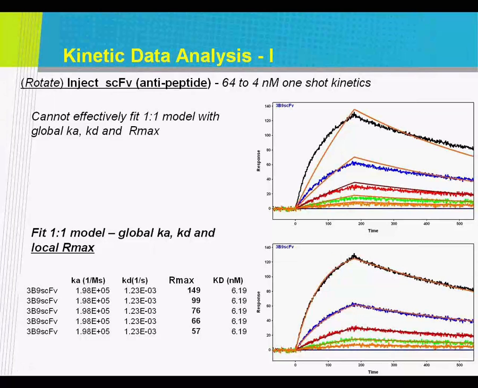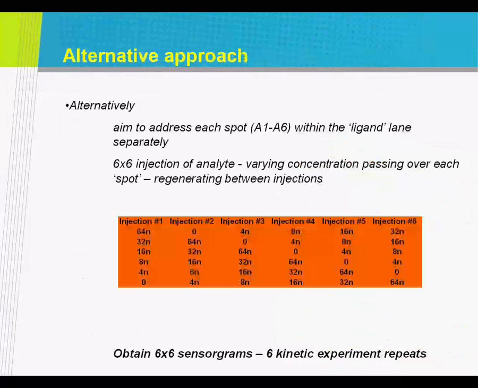At the end of the day, we found that the binding parameters determined, either using the single pass with a local Rmax or this approach, are virtually identical. Just to show you, the values here vary in the order of 2 times 10 to the power of 5 and 1.2 times 10 to the negative 3 using the local Rmax.